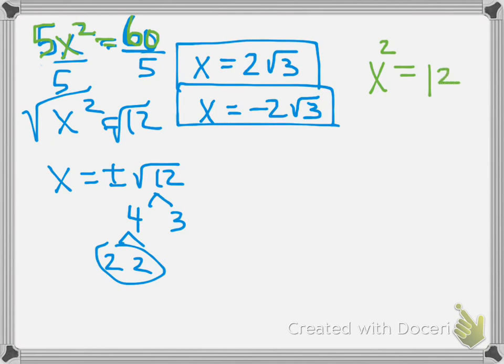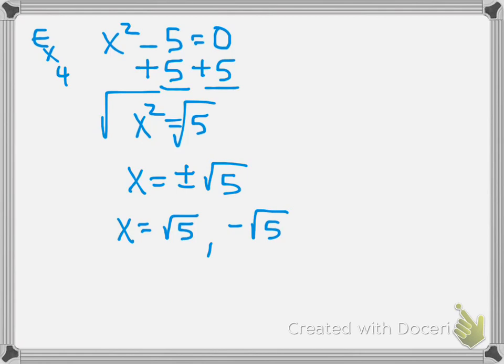To solve this part, you take the square root of x squared and the square root of 12. So the square root and the x squared cancel. You get plus or minus root 12. You break that root 12 down into its prime numbers, and you simplify. So you get 2 root 3 and negative 2 root 3.